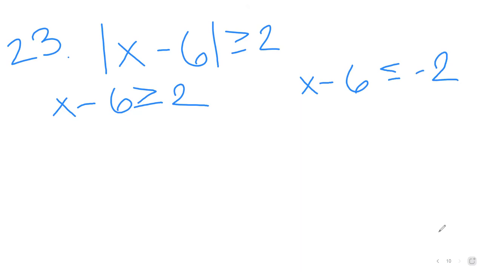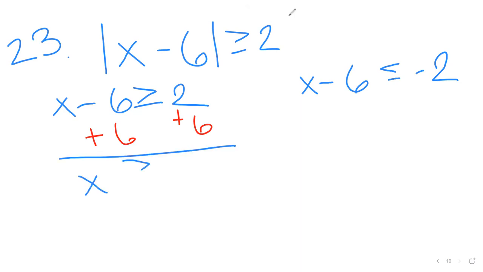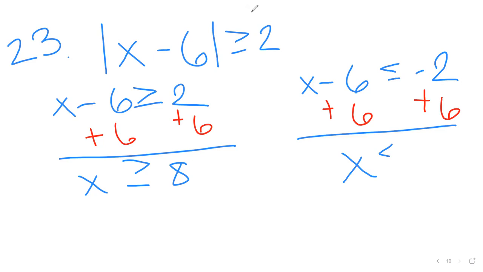Now we're ready to solve each of these, +6 on both sides. X is greater than or equal to 8 on that one, +6 on both sides here. X is less than or equal to 4 on this side.